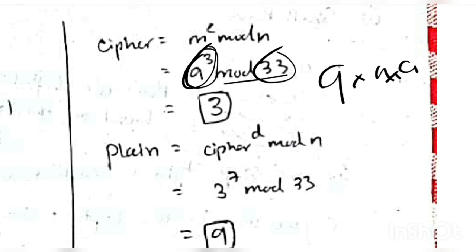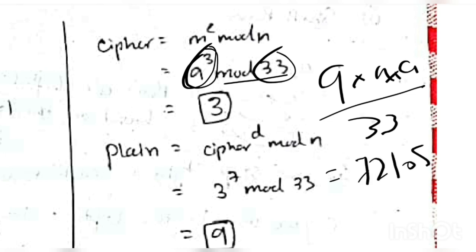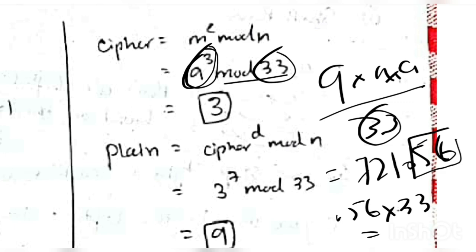You do it in the calculator, and then you divide by 33. Whatever answer you get, suppose the answer is 721.56. Now what you have to do is take just 0.56, multiply it again by 33. Whatever answer you get, you write here. That is the remainder.